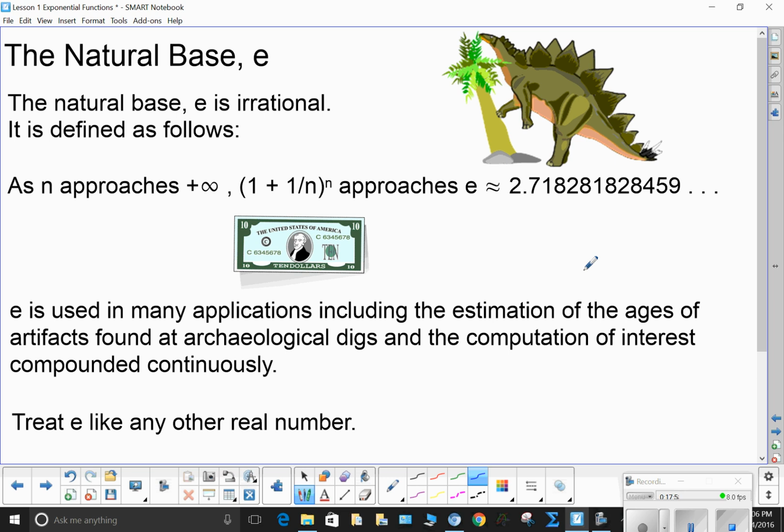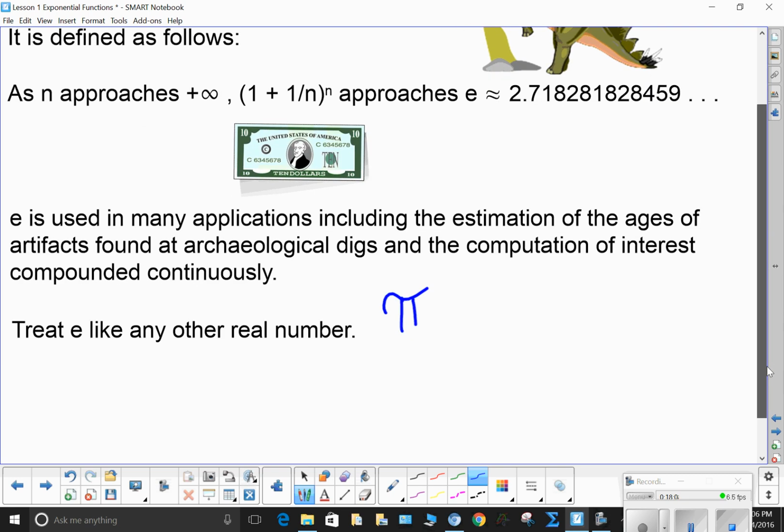You're going to treat e like any other real number. Basically, you can treat e like pi. It is nothing more than a mathematical constant.